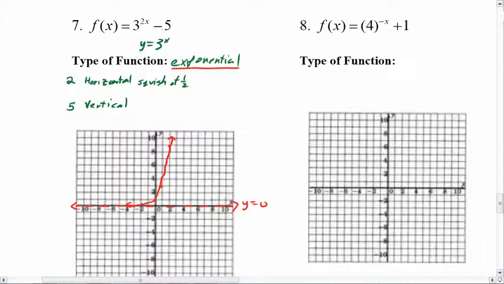So now I've got a minus 5, and that should mean a shift. Because it's not being applied to x, it will be exactly what we expect it to be. So minus 5 should be moving in the negative direction. The negative direction for the vertical would be down. So vertical down 5.